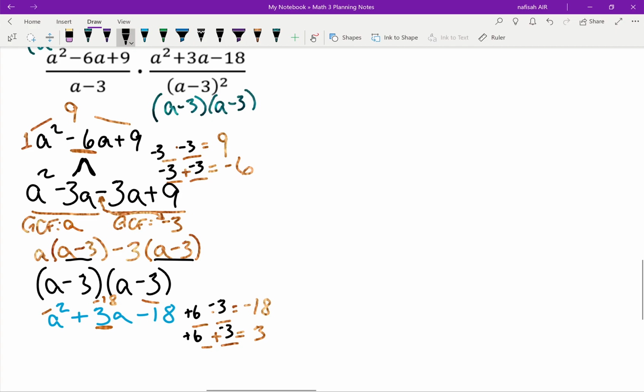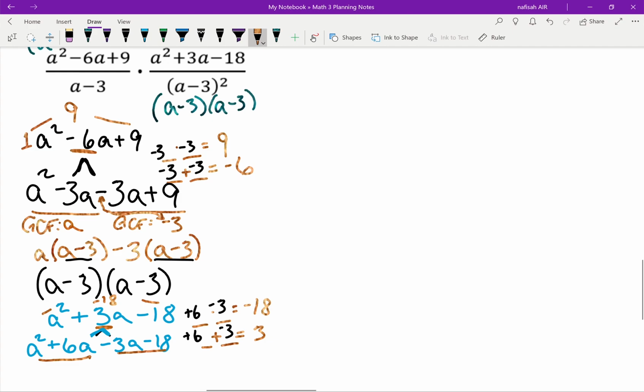So I'm going to rewrite it as, oops, I forgot, I changed the colors. I'm going to rewrite it as a squared plus 6a minus 3a, because again, I'm rewriting this middle term into two terms, and then I have a minus 18. I'm going to do the GCFs of this and this and factor them.